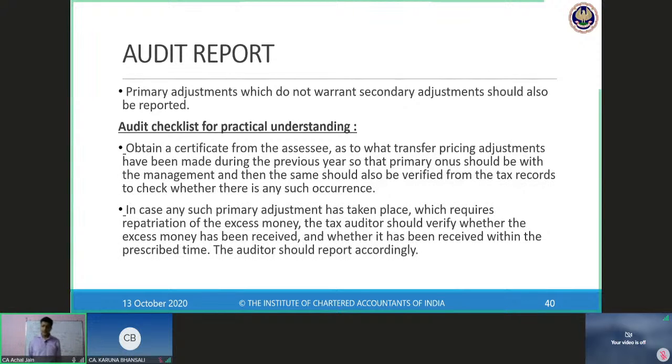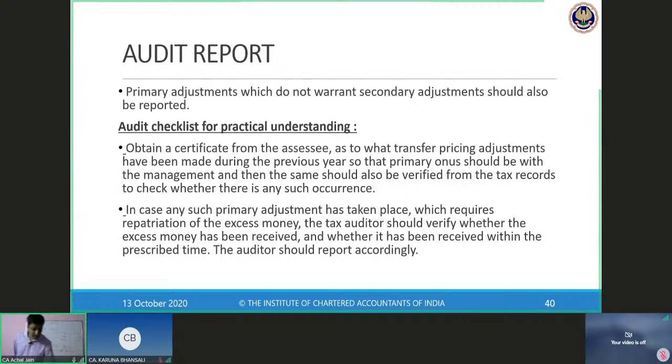In case any such primary adjustment has taken place which requires repatriation of excess money, the tax auditor should verify whether excess money has been received or not. And how will he get to know about that excess money? By looking at the repatriation amount and by looking at the provisions of that section, on the basis of which he will be able to ascertain whether this is excess money or not.